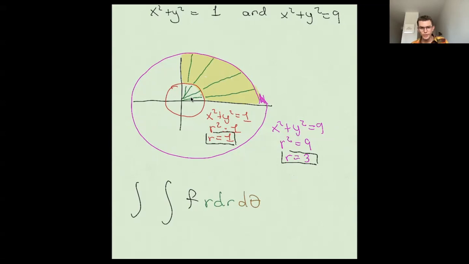Good, they enter through r equals 1. So you should put here r equals 1. And where do they exit? They keep moving through the yellow stuff until they all exit through the bigger circle. So they exit through r equals 3. Is that okay with everyone?